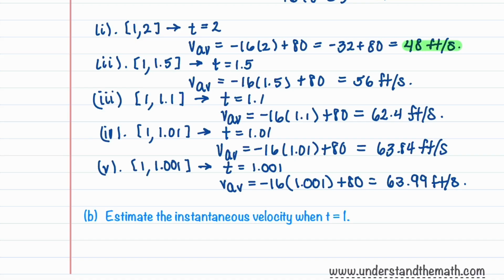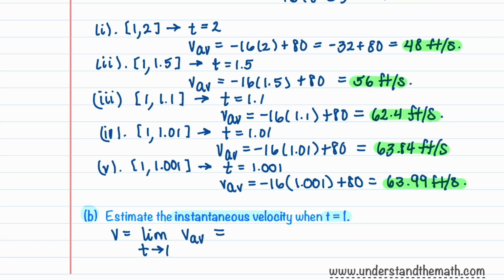Let's go back up here and let's highlight these answers. Here's our first one, second one, third, fourth, and fifth ones. Now, what we're going to do is estimate the instantaneous velocity when t is equal to 1. Our formula is v is the limit as t goes to 1 of our average velocity.